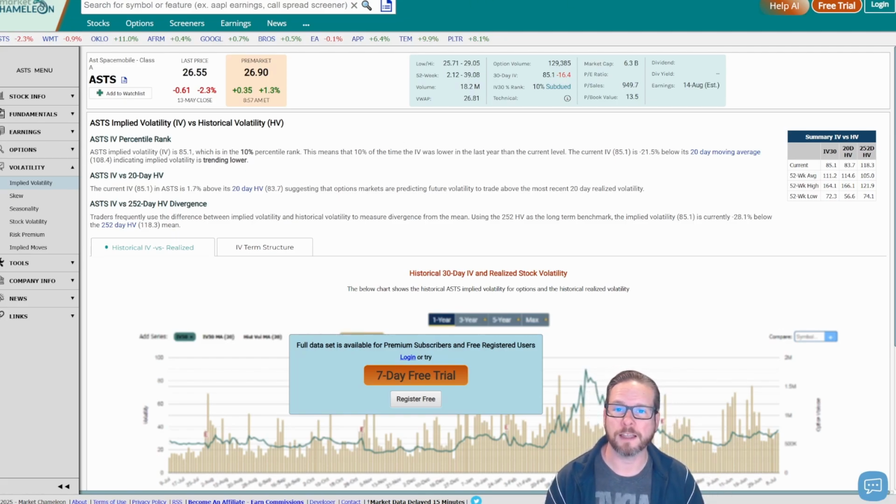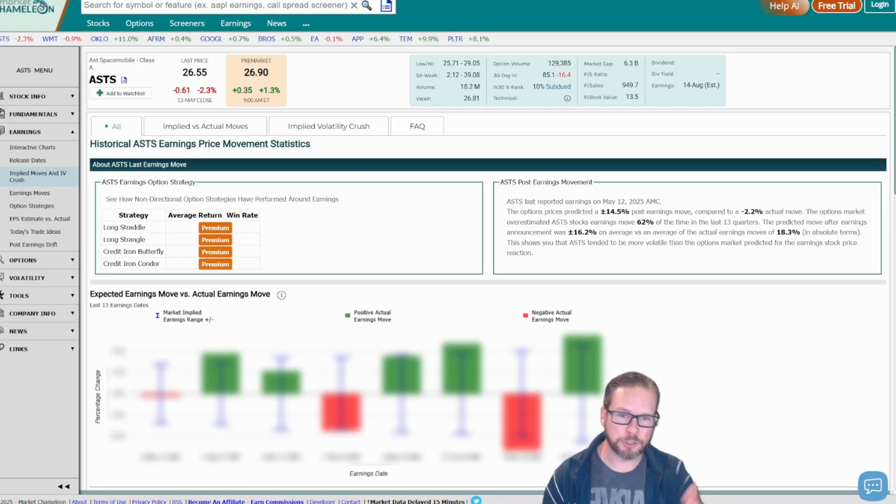One of the other things that I like to look for is what is the implied move. If something is going to have earnings coming up, you can look to see what is the expected move of the stock. So if we want to look at that, I just searched for the same thing, except I typed in ASTS implied move. Once again, we have Market Chameleon at the top, not a plug, not sponsored by them.